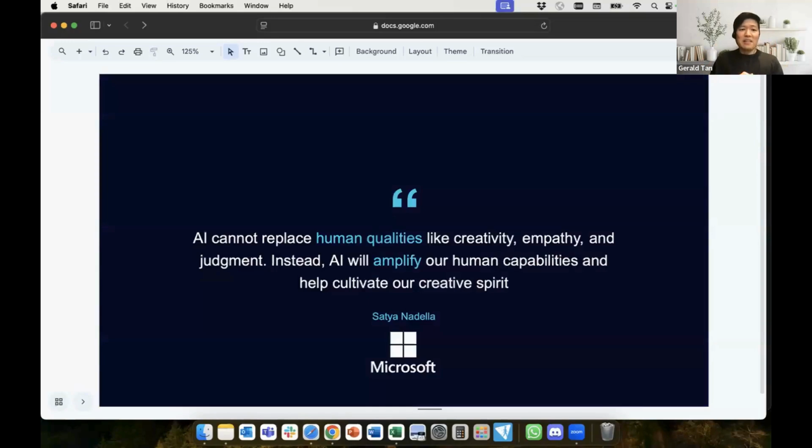CEO of Microsoft, Satya Nadella, actually said, AI cannot replace human qualities like creativity, empathy, and judgment. Instead, AI will amplify our human capabilities and help cultivate our creative spirit. I believe this quote, and I think this is really what embodies what this masterclass is about.